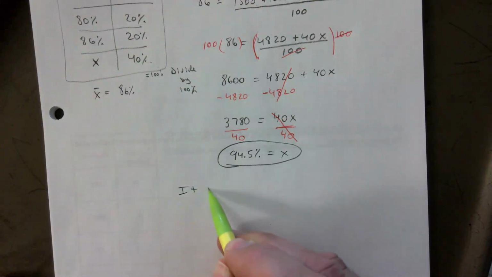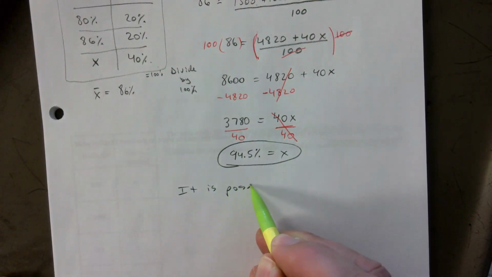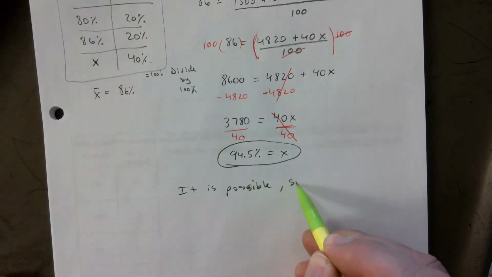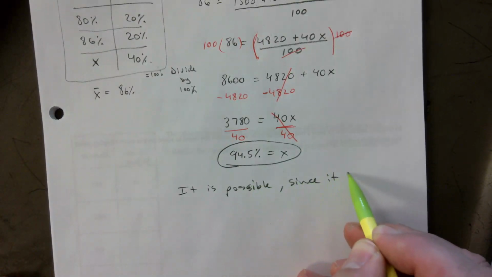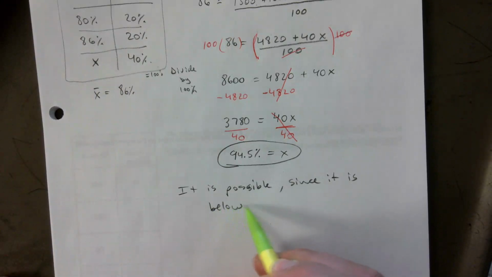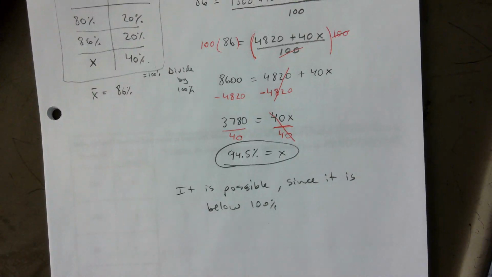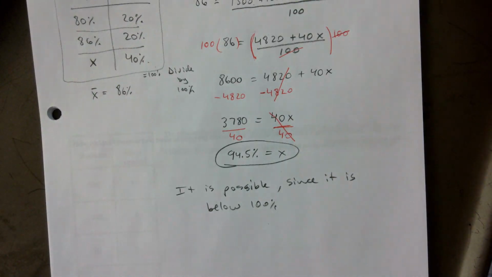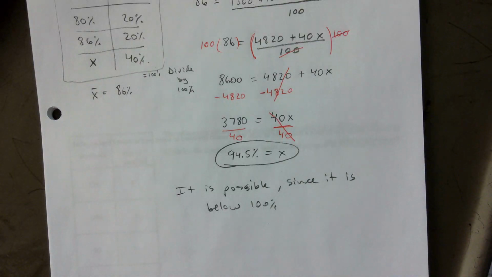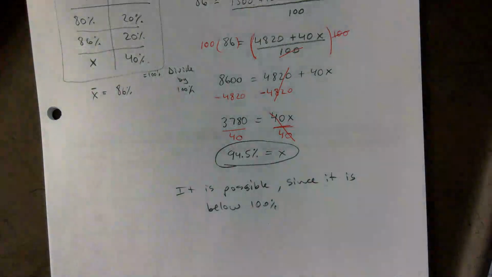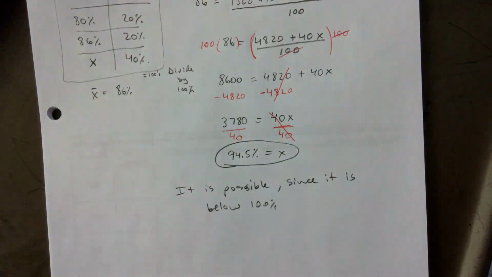It is possible, since it is below the 100% that is required. So if you ever do this and your final answer is over 100%, it actually is impossible to get the average you're after.